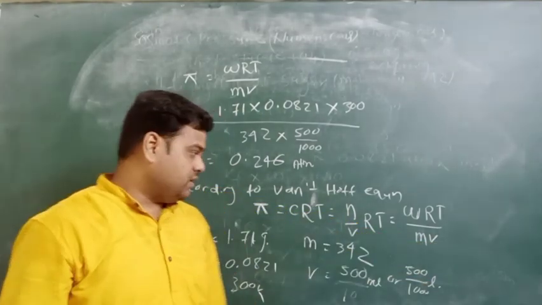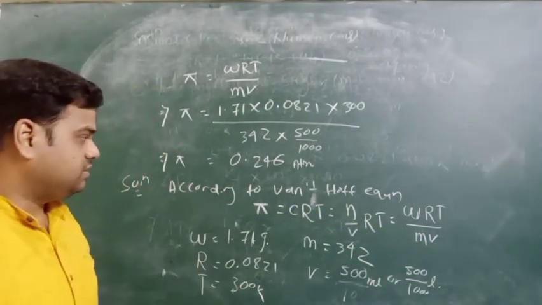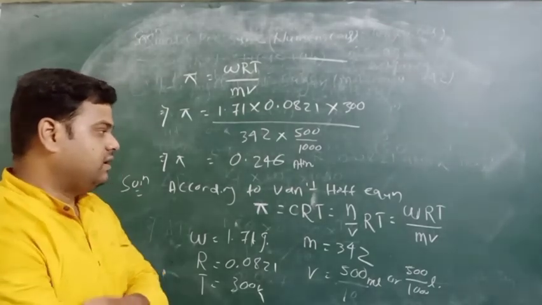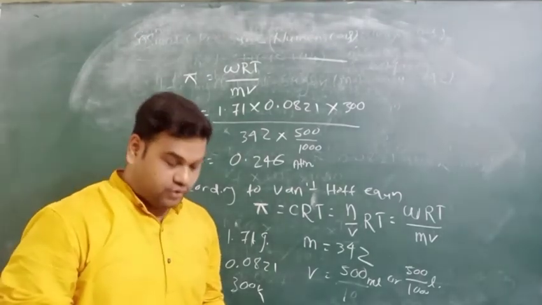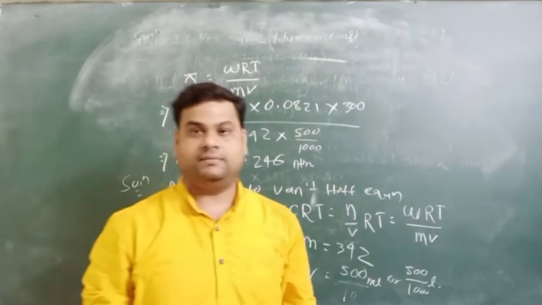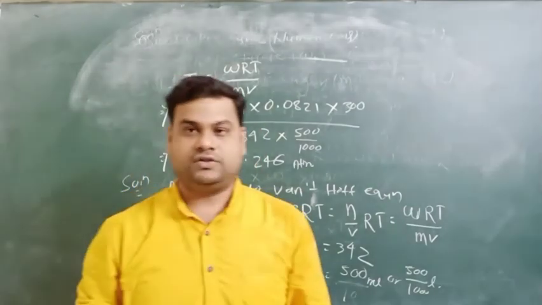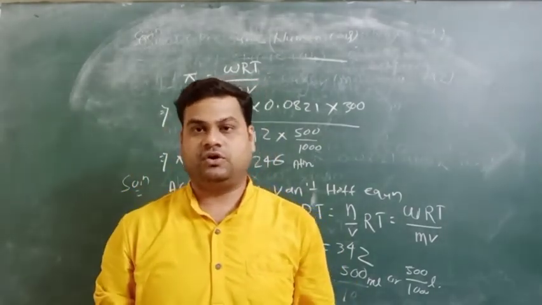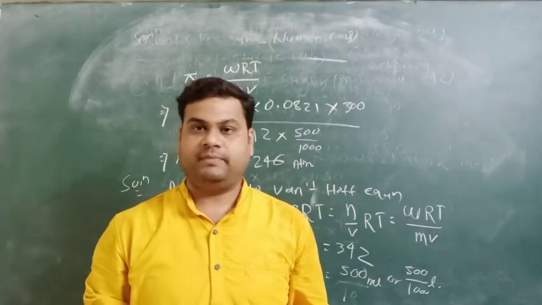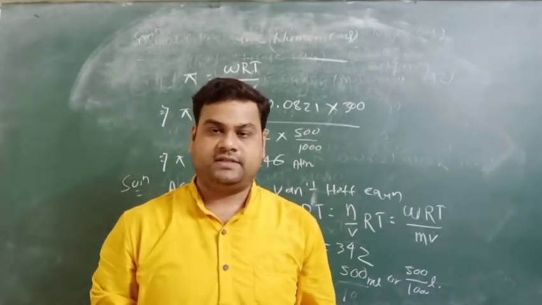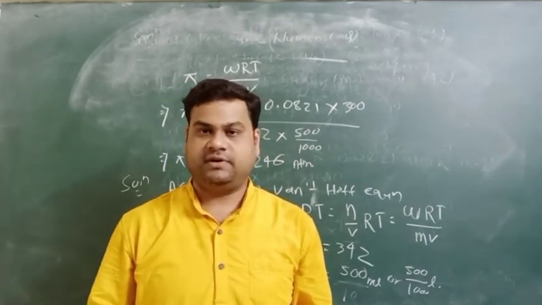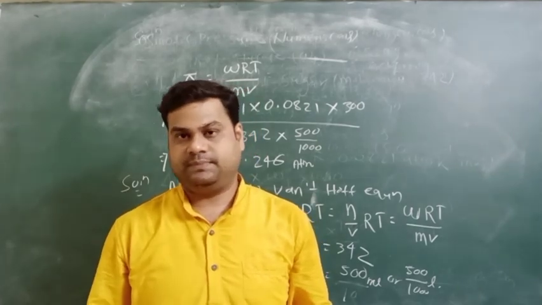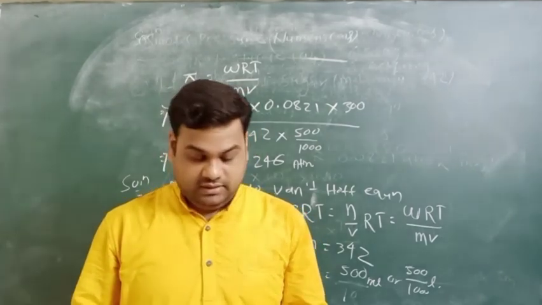So these are all about the numericals of the colligative properties: Raoult's law for volatile solute, Raoult's law for non-volatile solute, relative lowering in vapor pressure, elevation in boiling point, depression in freezing point, and osmotic pressure. Hope you understood.